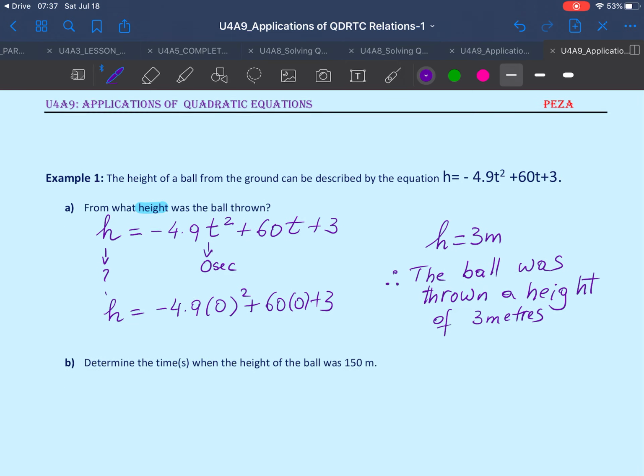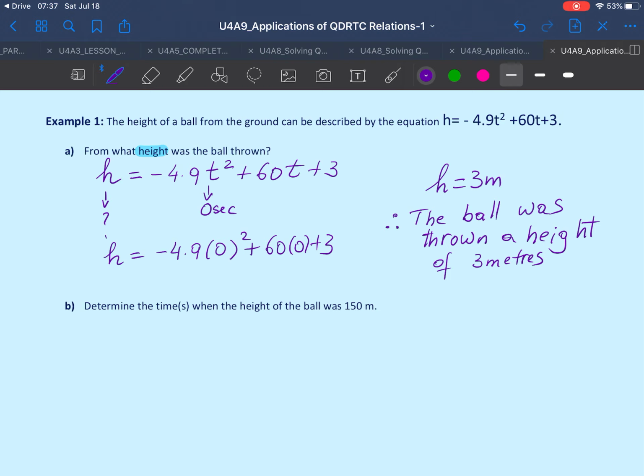Okay, so the next thing that we need to find out is the times when the height of the ball was 150 meters. This time we are asked to find the time, and I'm going to rewrite the equation again. h equals negative 4.9t squared plus 60t plus 3.